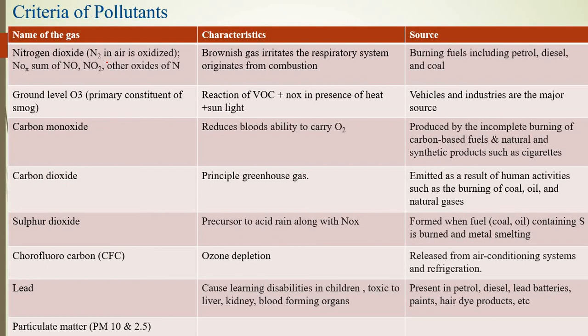Nitrogen dioxide: N2 in air is oxidized, and NOx is the sum of NO, NO2 and other oxides of N. If only NO2 is created, it is not a polluted gas, but if it converts its chemical structure to NO or NO3, those are polluted gases. It is a browning gas and irritates the respiratory system, and is generated from combustion. In any combustion system, if incomplete combustion happens, NO and NOx gases are produced, right. Where does the source come from? Burning fuel including petrol, diesel and coal. That means we use fossil fuel and incomplete combustion occurs, creating NO gases.